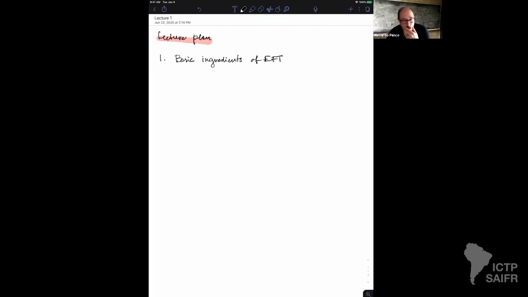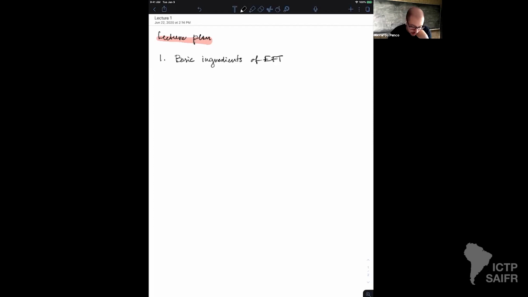In this section, I'm not going to take a historical approach that will start probably from the renormalization group and build on that. Instead, I will briefly summarize what is our current understanding of effective field theories.